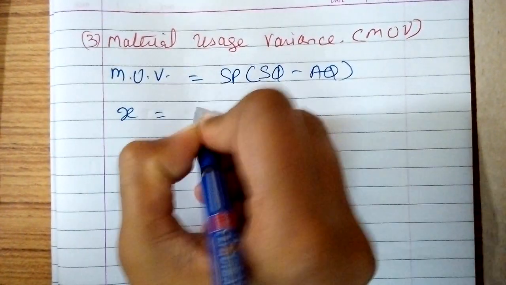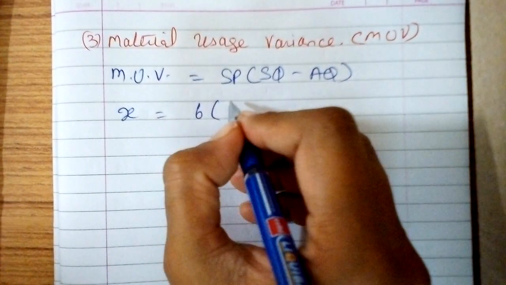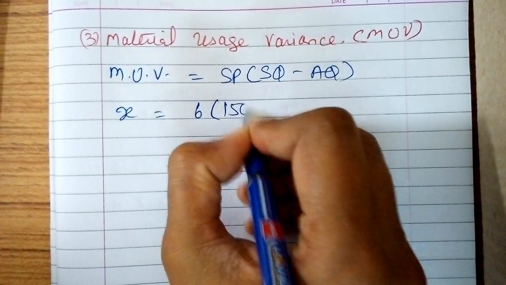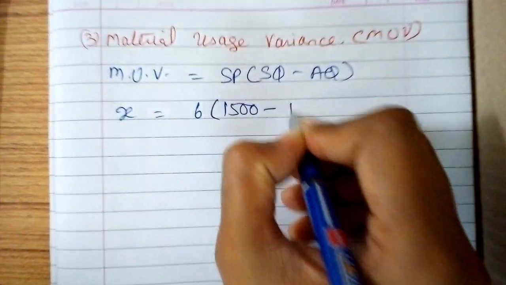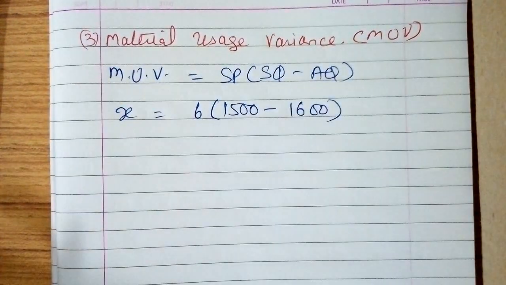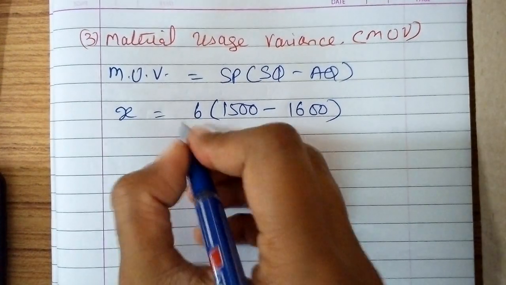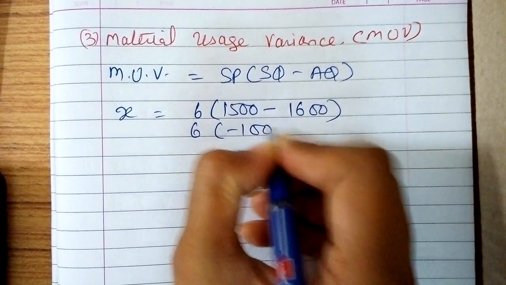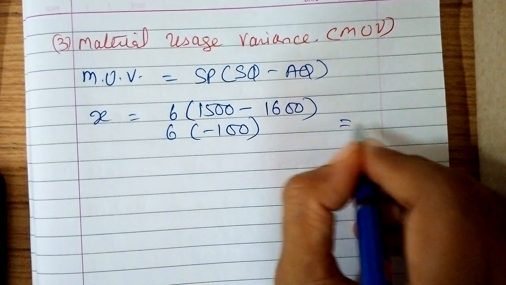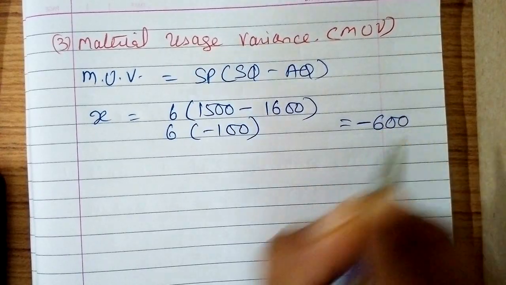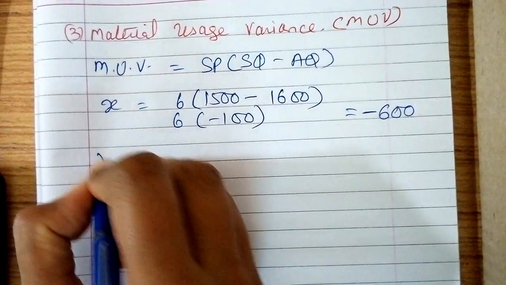So for X, the standard price was 6, SQ was 1500 and AQ was 1600. So 6 into bracket negative 100. So the answer will be negative 600 for X.